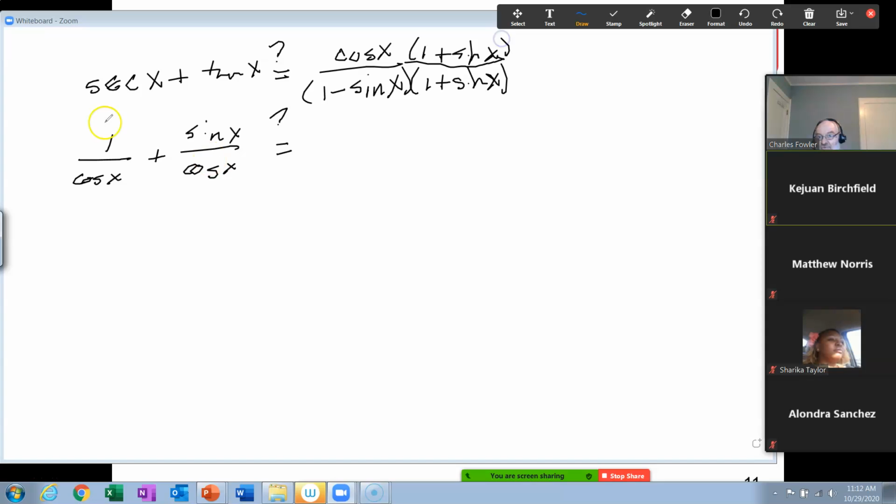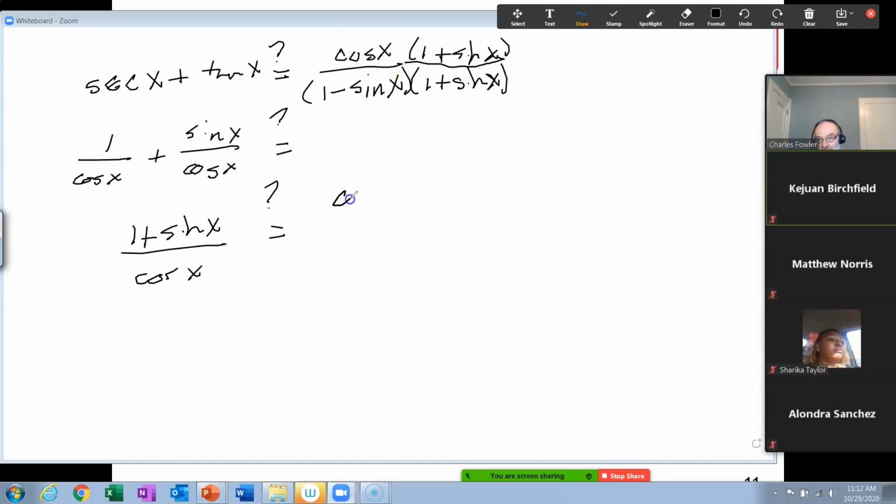Okay, so what do we have over here? You have least common denominator, cosine x, so just add your numerator together: 1 plus sine x over cosine x. Okay, on this side, now I suggest leaving that in factored form for now.